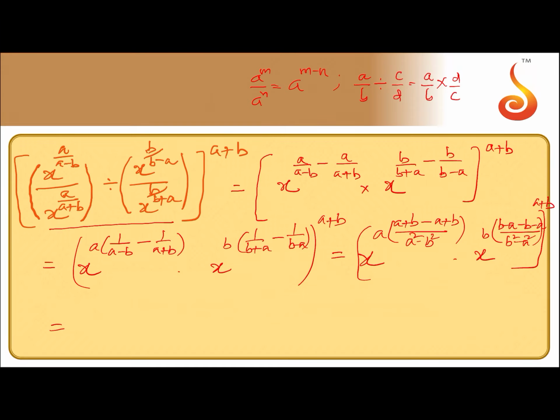On simplifying, this is x to the power of, here a gets cancelled, you will be getting 2ab by a square minus b square, into x to the power of, here b gets cancelled, minus 2ab divided by b square minus a square.